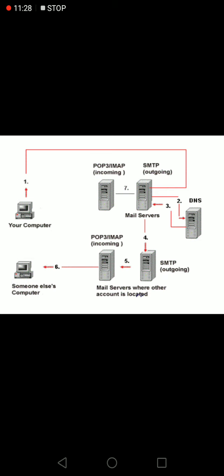By seeing this diagram, let's see how the email will work. First of all, when you are sending a mail, you act as the user, the sender. So you are sending the mails from your system to your friend's mail.